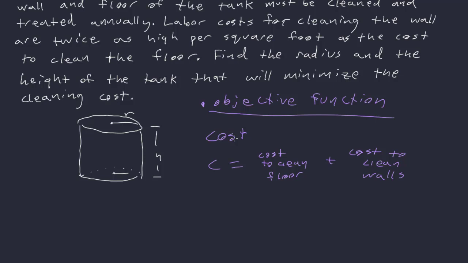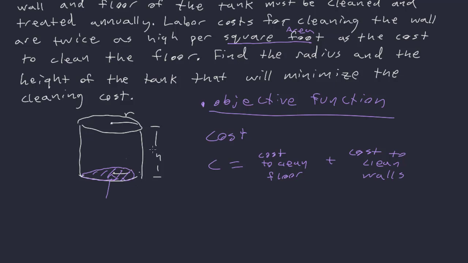We just know that it costs twice as much to clean the walls as it does to clean the floor. The floor is just a circle. And notice that labor costs for cleaning the wall are twice as high per square foot. So that is your hint that this is area.